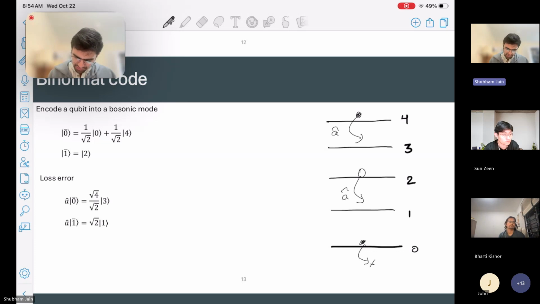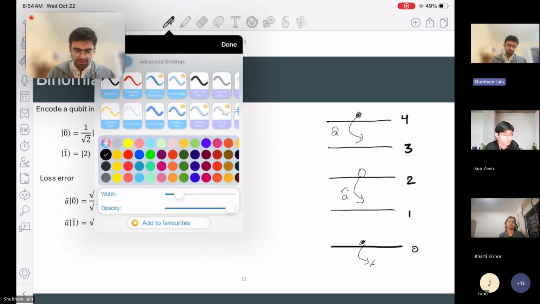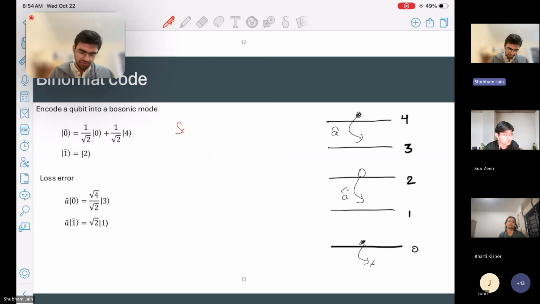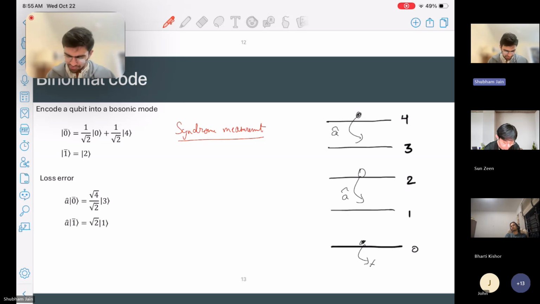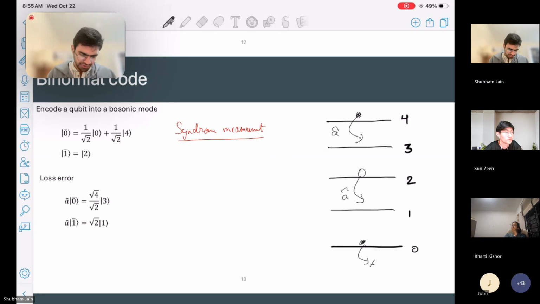Yeah. So the way to correct against this is, again, similar to how we do it in the qubit world, where we measure some syndrome. And the syndrome in this case is quite simple. So if we carefully observe these states, 0, 4, and 2, all of these are even photon number states.